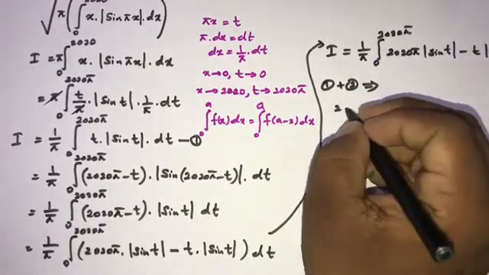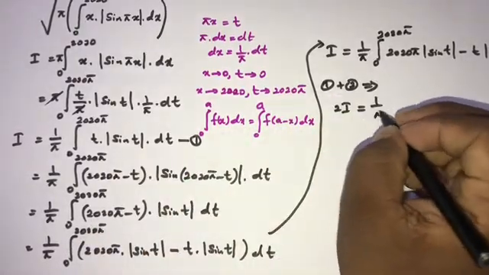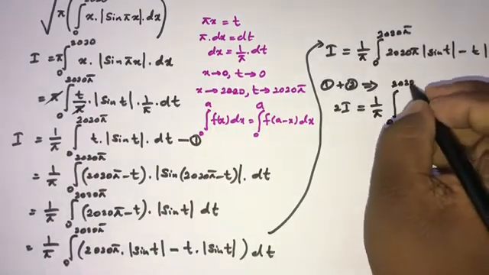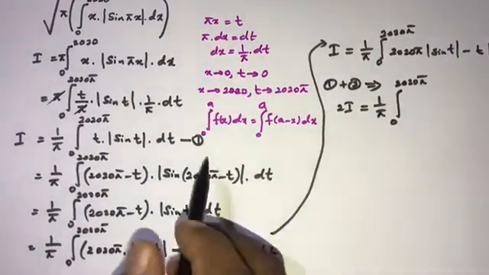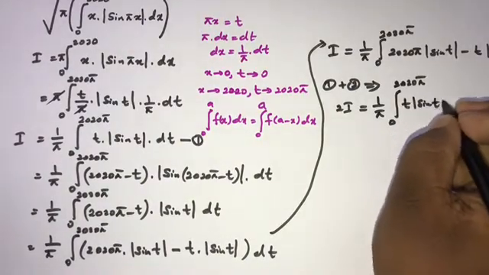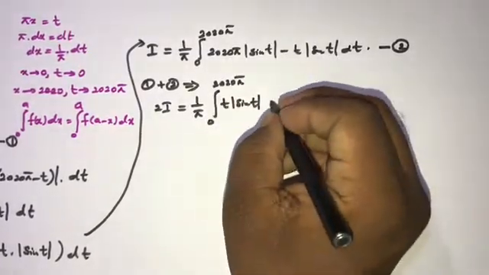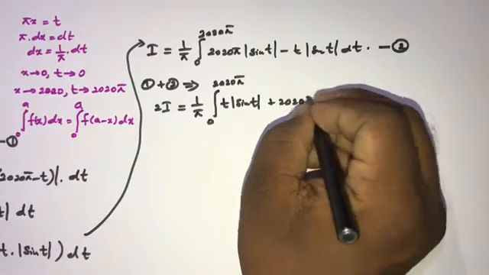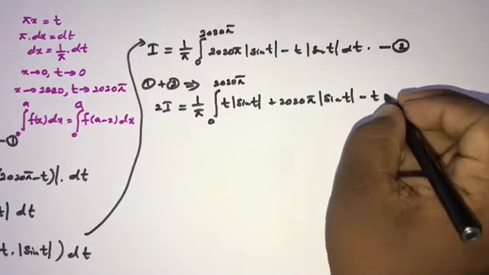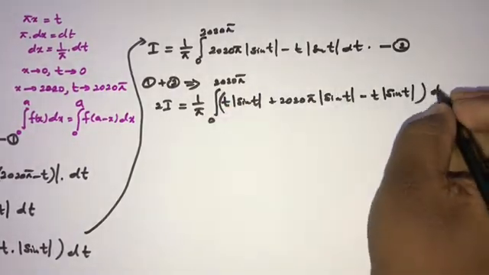So we can write 2 times I is equal to 1 over pi is common, so 1 over pi, same limit, so 0 to 2020 times pi. Here from number 1 we have t times absolute value of sine of t. Now here plus 2020 pi times absolute value of sine of t minus t times absolute value of sine of t dt.